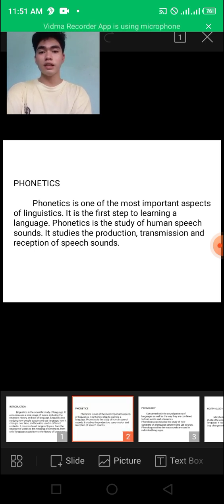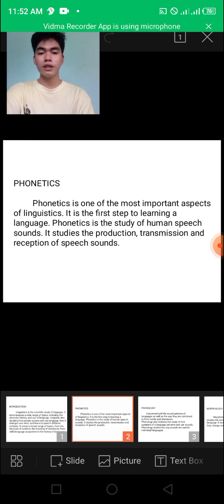So phonetics includes a study on how sounds are produced, where sounds are produced, and what specific parts or vocal organs in our body produce this sound. Phonetics is concerned with the physical properties of speech sounds.